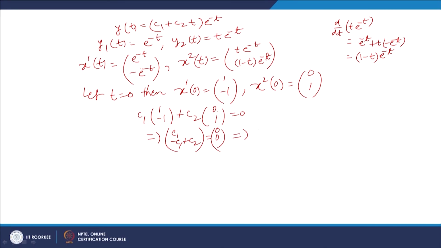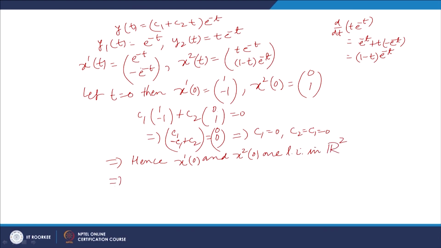So, this implies C1 is equal to 0 and C2 equal to C1. Since C1 is 0, C2 is also 0. So, C1 and C2 both are zeros, and hence x1(0) and x2(0), the two vectors, are linearly independent in R2.